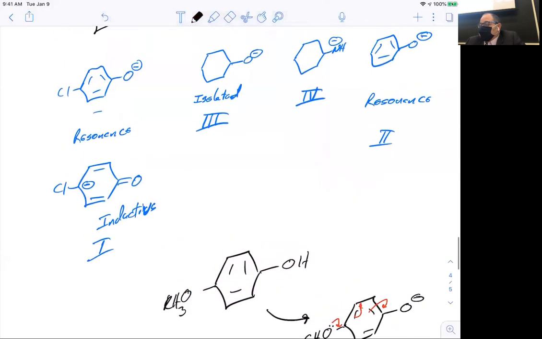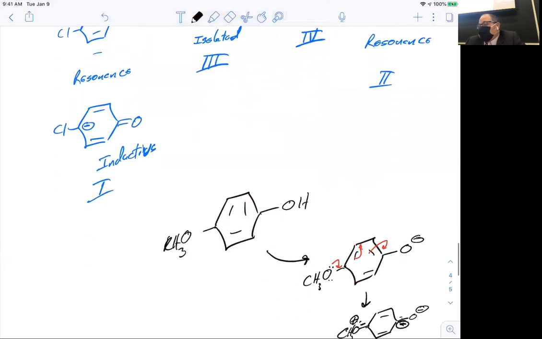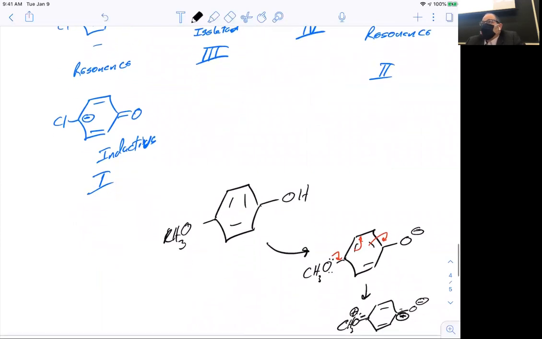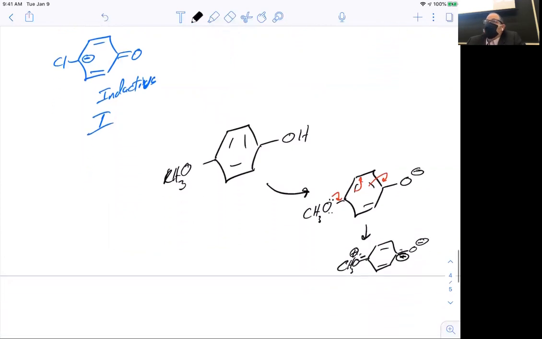So if this was in comparison with those, this would have a lower acidity than just the non-substituted. So it'd be less acidic. Okay, questions about this? In reverse, if that had been a positive, that methoxide could have stabilized it. And we'll see that later, really late this semester.